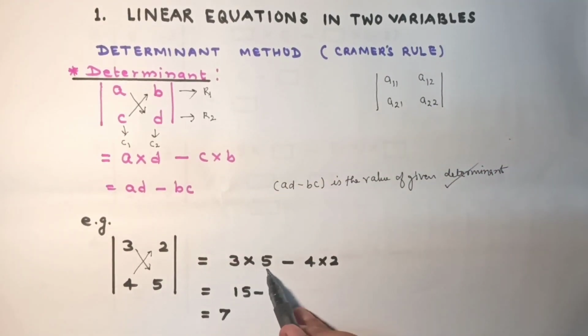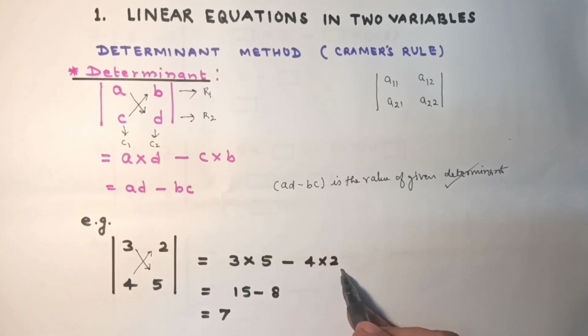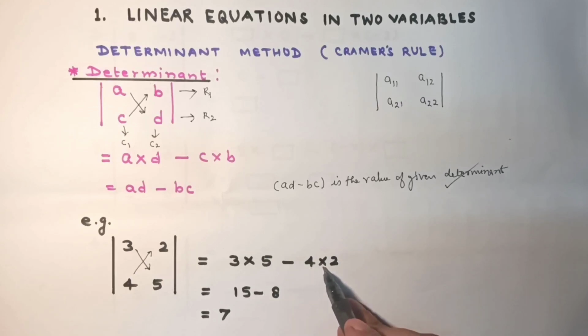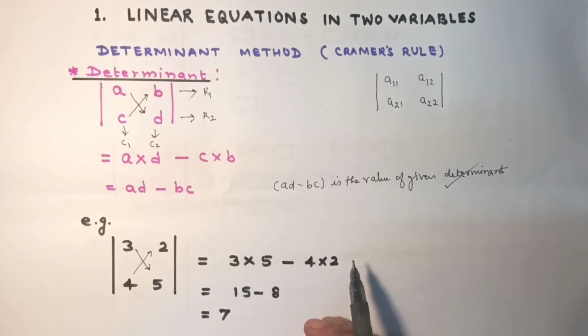Which will be equal to 3 into 5 means 15, minus 4 into 2 is 8, so 15 minus 8, which is 7. So the value of this given determinant is 7.